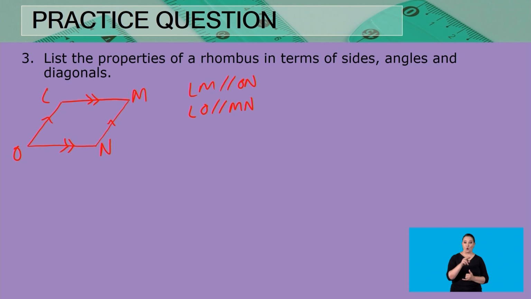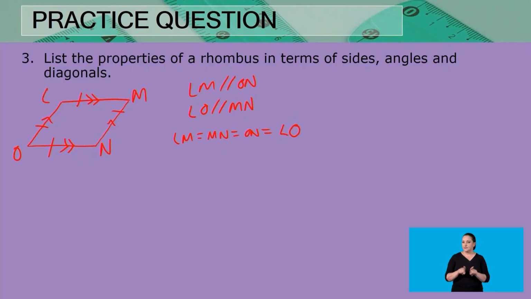But because a rhombus is a special parallelogram, not only are the opposite sides equal, but they are all equal. So all of these sides are equal. That means that LM is equal to MN, and that is equal to ON, and that is equal to LO. So all of the sides of a rhombus are equal.